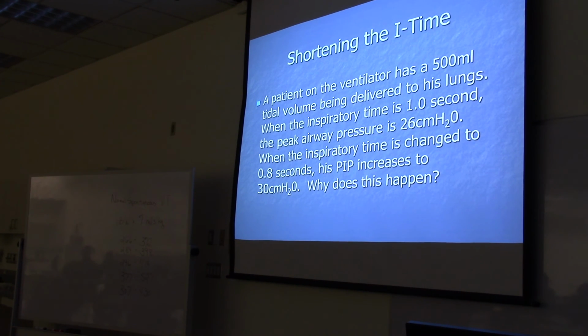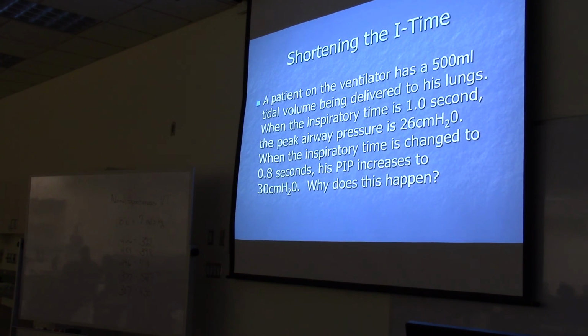All right, we can stop after this one. It says shortening the I-time. A patient on the ventilator has a 500 ml tidal volume being delivered to his lungs. When the inspiratory time is 1 second, the peak airway pressure is 26 centimeters of water. When the inspiratory time is changed to 0.8 seconds, so they shorten the I-time, the PIP increases to 30 centimeters of water.